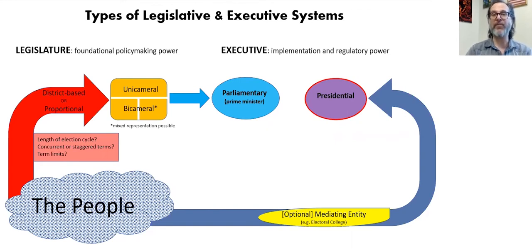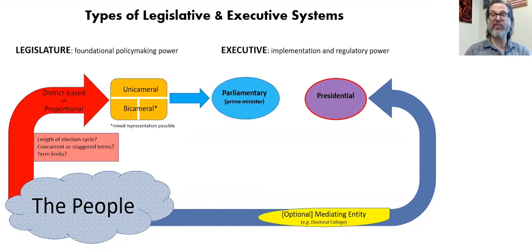But it's possible to give the people a direct indirect choice. That might sound like a contradictory term, direct, indirect, but it's direct because it doesn't go through the legislature, but it's indirect because it does go through some kind of mediating entity that usually exists only for that singular purpose of choosing the president. In the parliamentary system, the legislature chooses the prime minister, the chief executive.